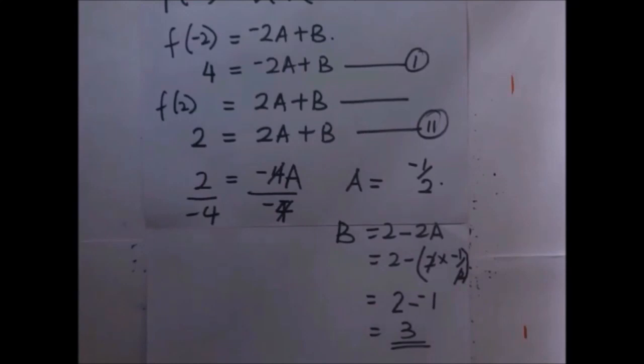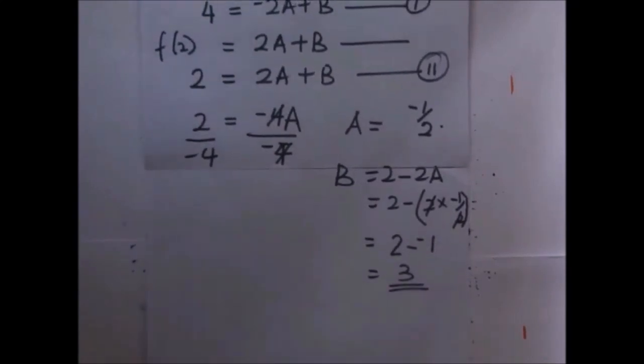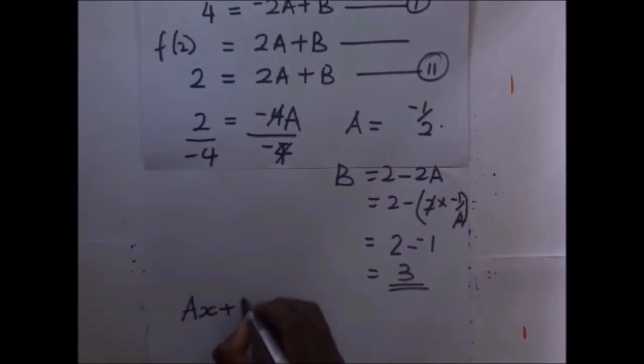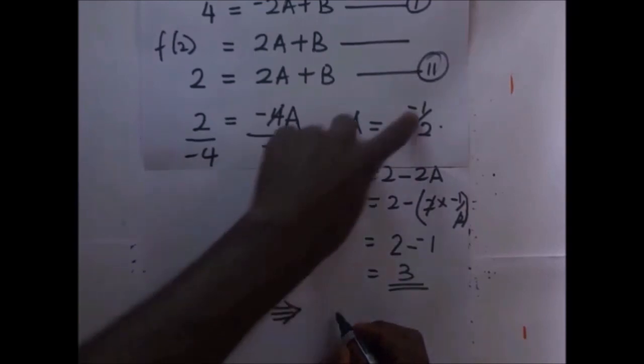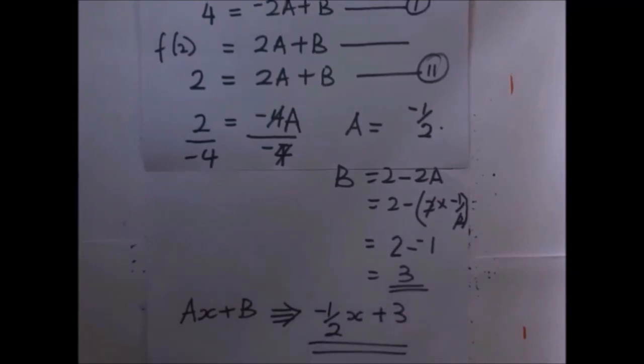So our value of b is going to be 3, and our value of a is going to be negative a half. So from ax plus b, our factor is going to become negative a half x plus 3. And that is going to be the factor we've been looking for.